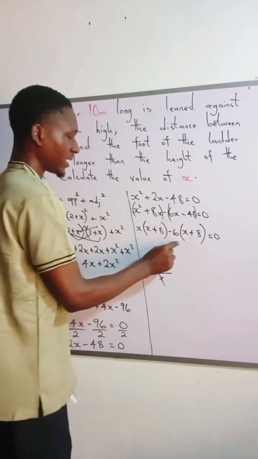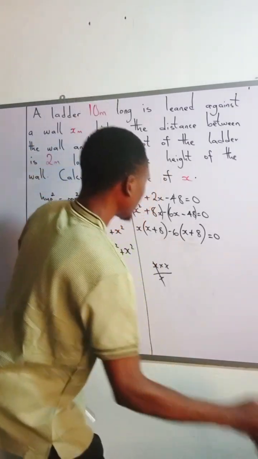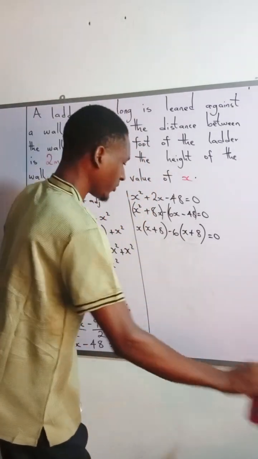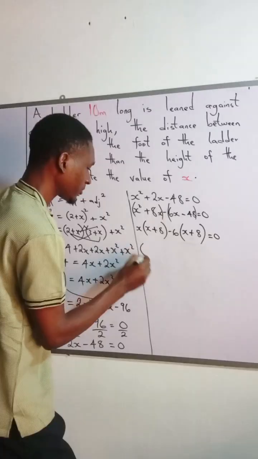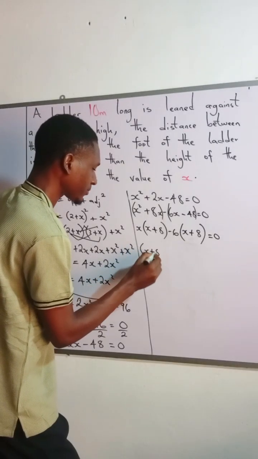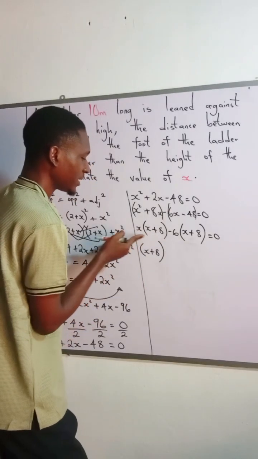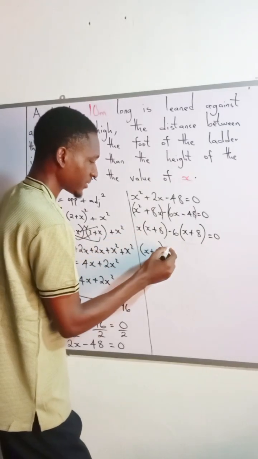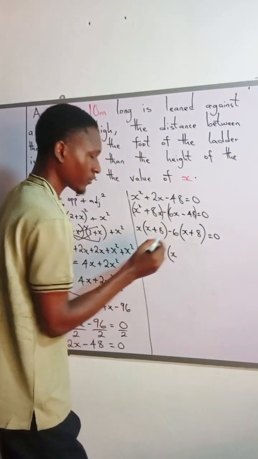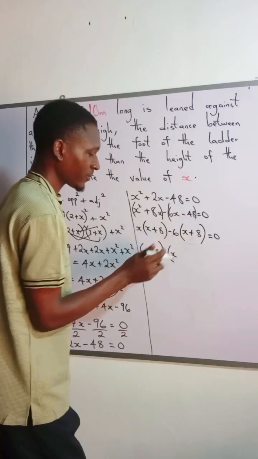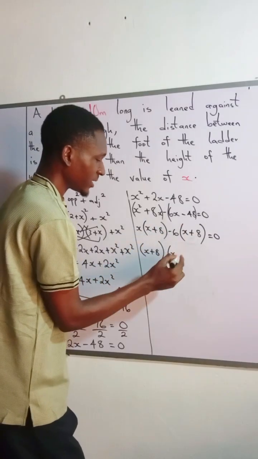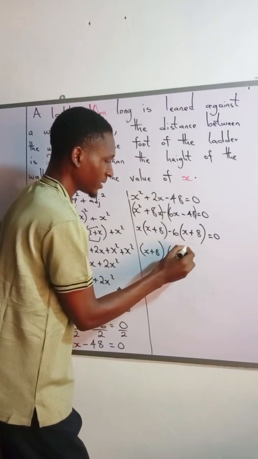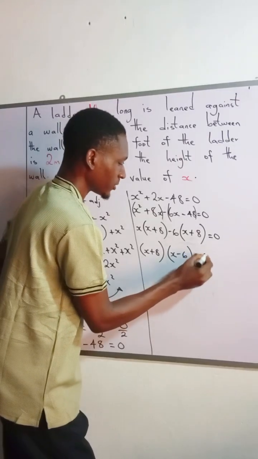There is x plus 8 here and there is x plus 8 here. Therefore, we are going to factor out x plus 8. x plus 8 here cancels x plus 8, remaining x. And the same thing here, x plus 8 cancels x plus 8, remaining minus 6 equal to 0.